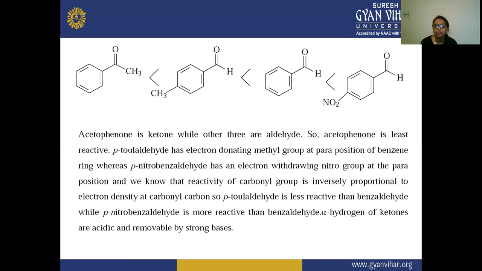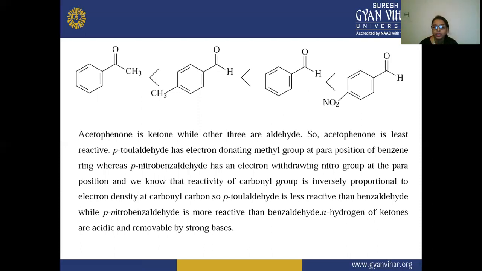Alpha hydrogens of ketone are acidic and removable by a strong base. So here you can see that acetophenone, which is a ketone, has lesser relative reactivity as compared to the three aldehydes shown here, and it is the least reactive.